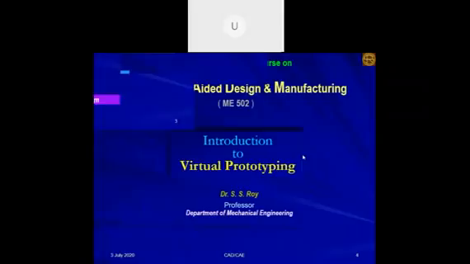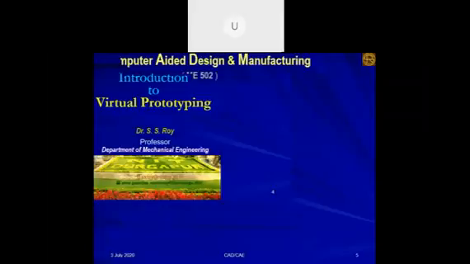Now I would like to tell you one important aspect from the industry point of view. Most product development industries, whether aerospace, automobile or any other consumer product development, have been users of CAD for the last 20-30 years. Without CAD, no such company will sustain in this competitive world.